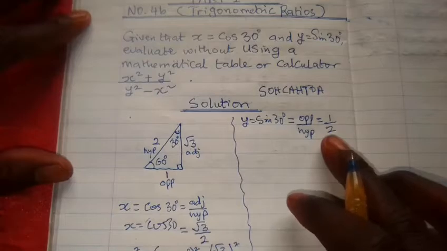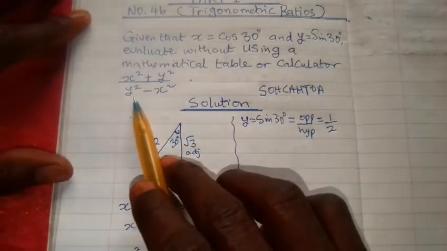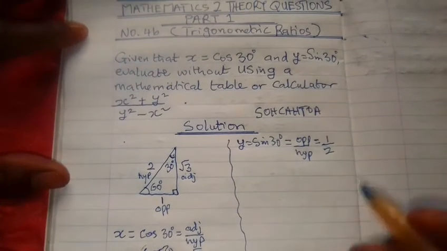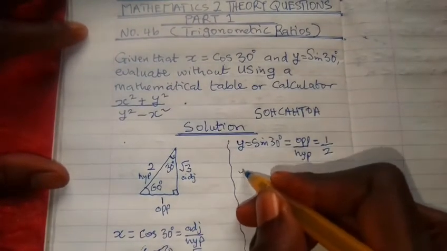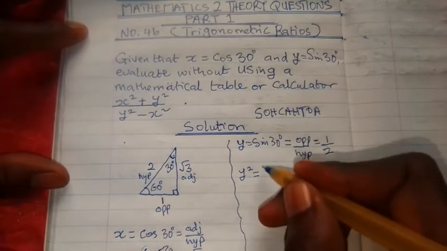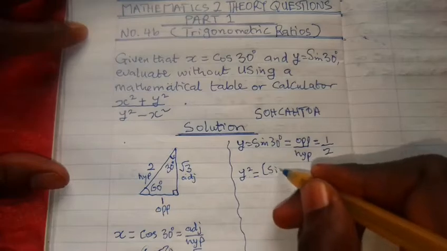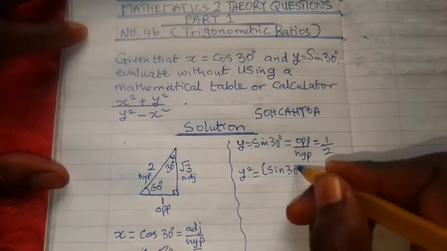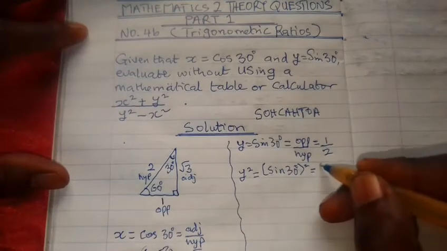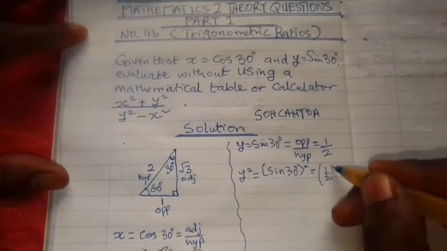Half. Alright? But we needed the value for what? Y squared, in order for us to get what we are solving. So we are going to come here to write our y squared. Now, if we square the y, that means the value for sine 30 will also be squared. So we can say sine 30 degrees all squared. And in doing this, we take the square of half as well.